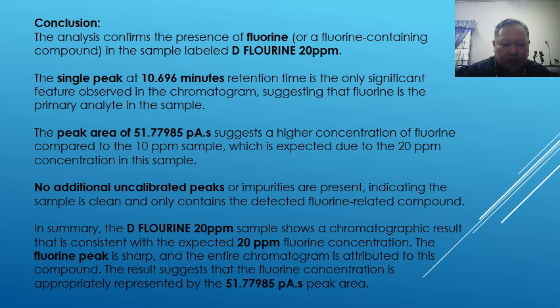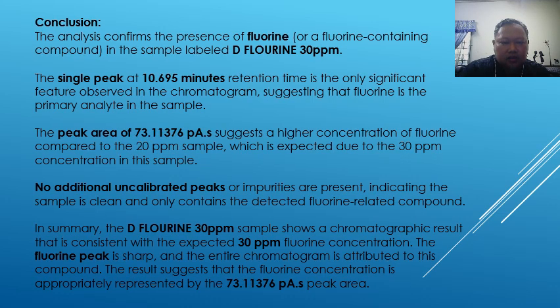The fluorine peak is sharp, and the entire chromatogram is attributed to this compound. The result suggests that the fluorine concentration is appropriately represented by the 51.77985 pA peak area.